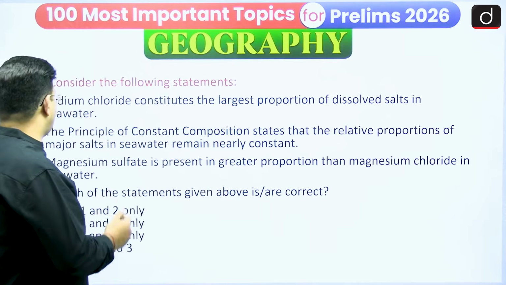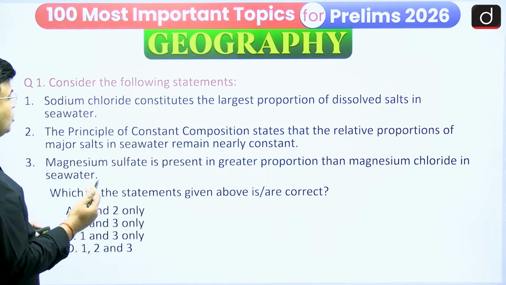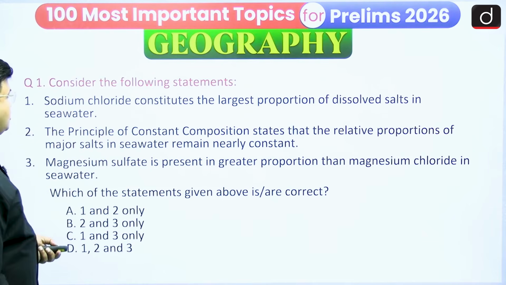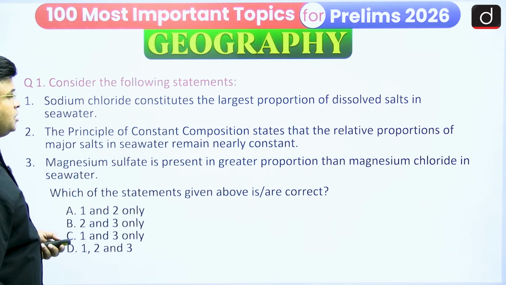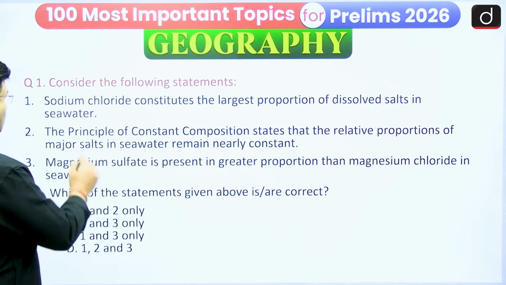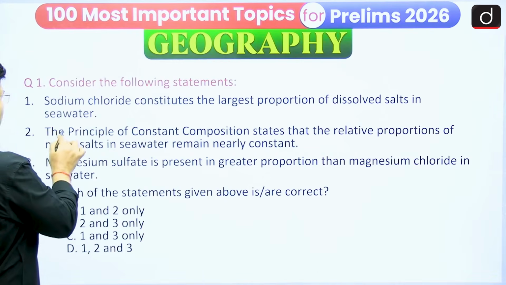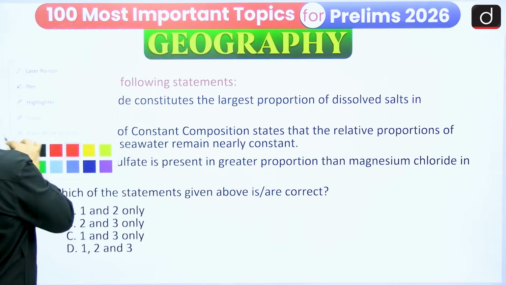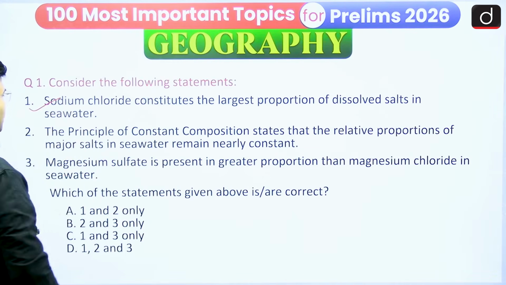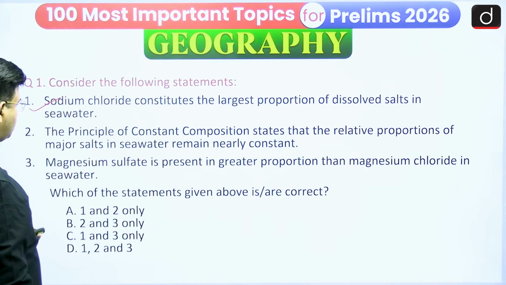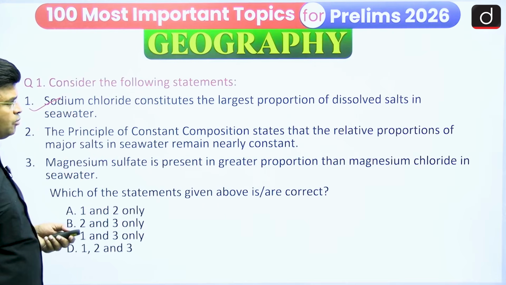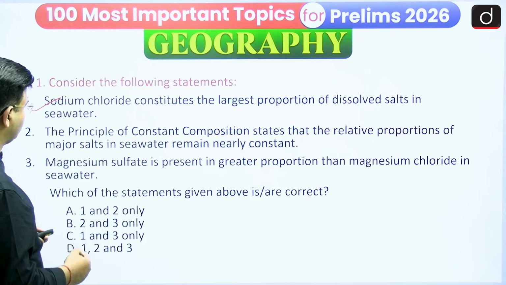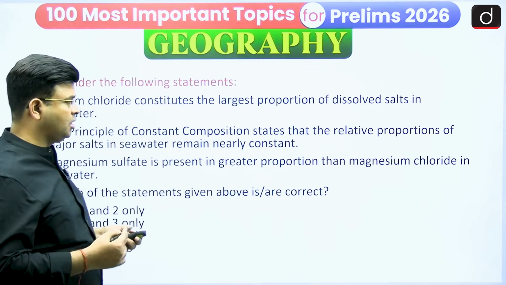Consider the following statements: sodium chloride constitutes the largest proportion of dissolved salts in sea water. Yes, this statement is absolutely correct. The second statement: the principle of constant composition states that the relative proportion of major salts in sea water remains nearly constant.